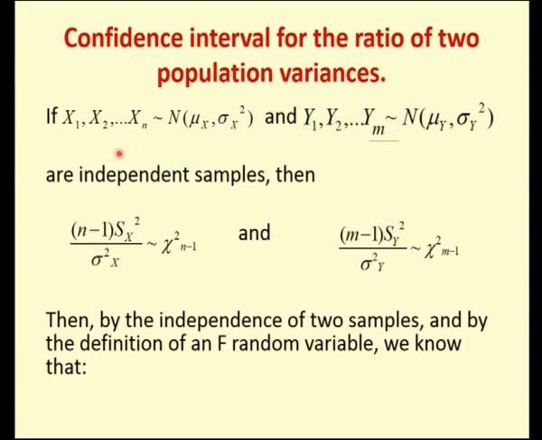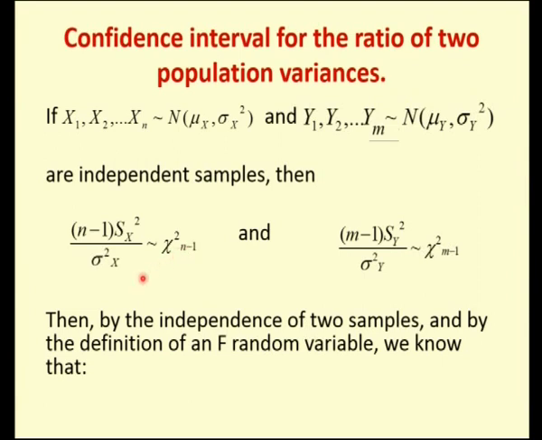So, coming to the theoretical part, if x1, x2, etc. up to xn follow normal with mean mu and variance sigma x squared, and if y1, y2, etc. up to ym follow normal with mean mu and variance sigma y squared, and both these samples are independent, then we know that n minus 1 sx squared divided by sigma x squared follows chi squared with n minus 1 degrees of freedom.